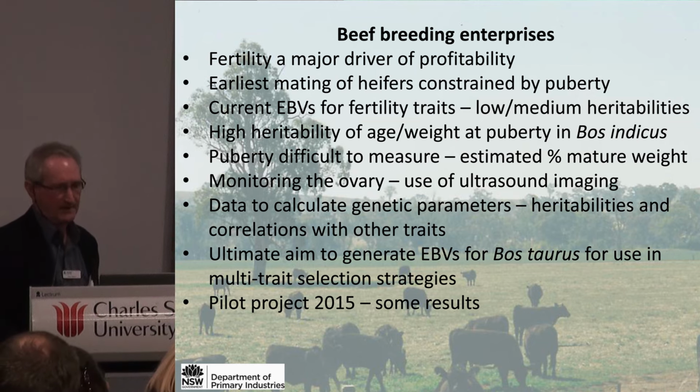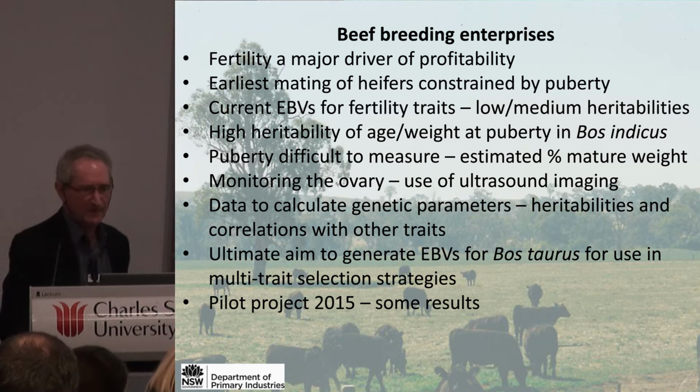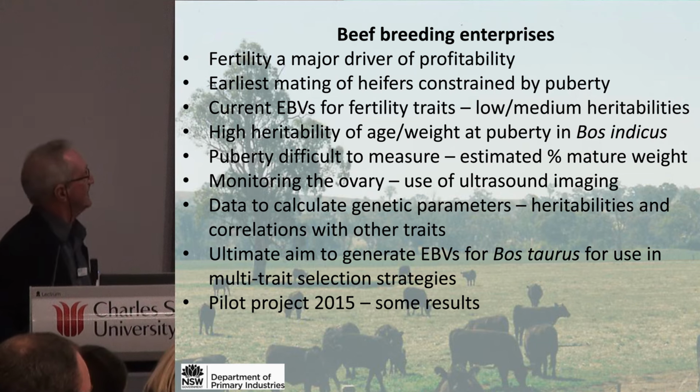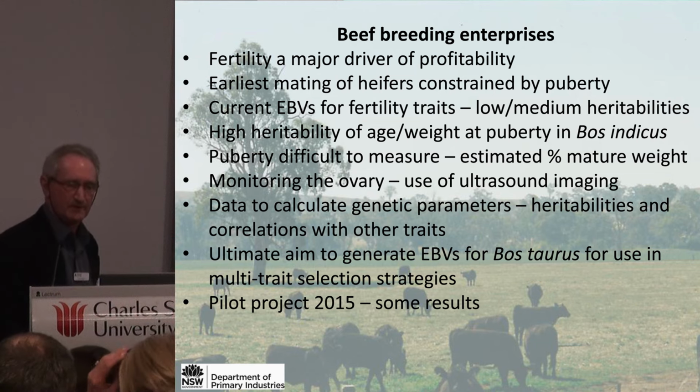You can estimate it as a percentage of mature weight, which is traditionally the way it's considered. However, we've got a better way of doing it now. We can actually monitor the development of the ovary up to when the heifer has her first ovulation by the use of ultrasound imaging. That's what I'm going to talk about a bit later.